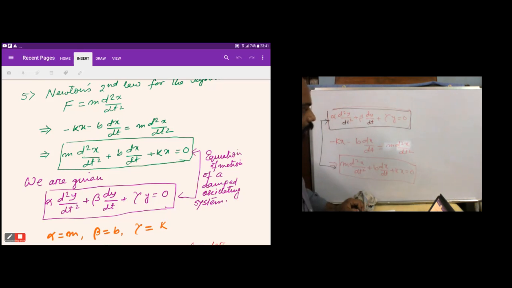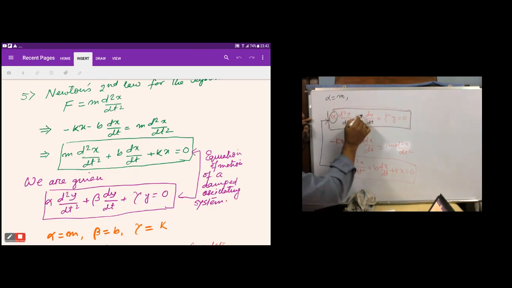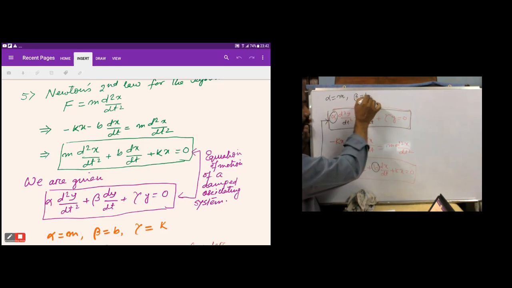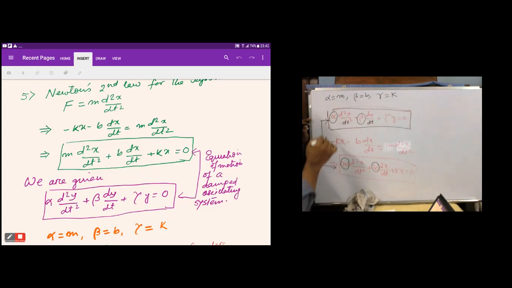So if I compare these two equations, I can write alpha is equal to m, beta is equal to b, and gamma is equal to k. In the problem, alpha and beta are kept constant and gamma is increased, and we are given 4 options. We have to find out which one is the correct one.